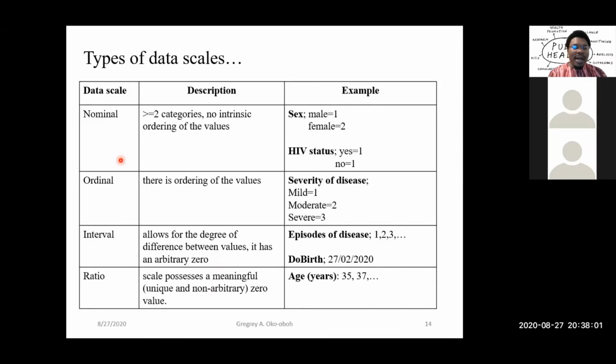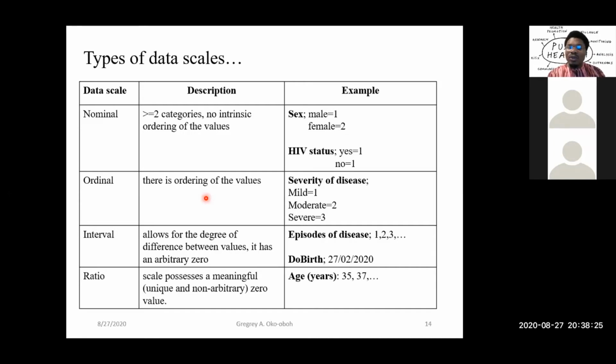Remember, in the nominal and ordinal scale, there is really no degree of difference. You know that, yes, severe is higher than moderate. Moderate is higher than mild, we know. But by how much are they higher? We don't know. What is the difference between mild and moderate? What is the difference between moderate and severe? We really don't know.